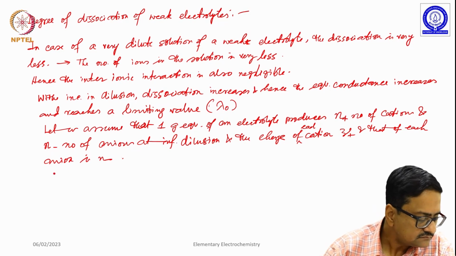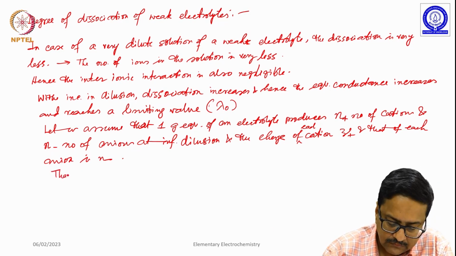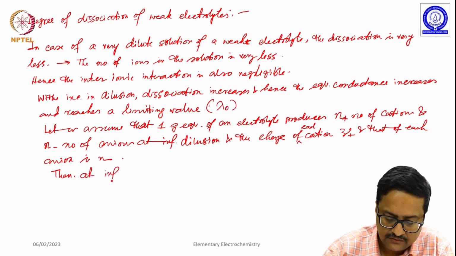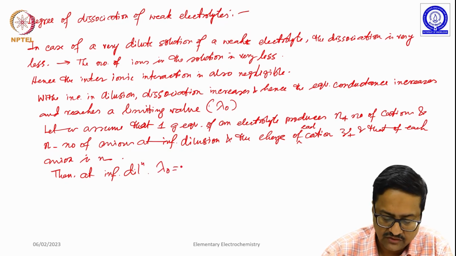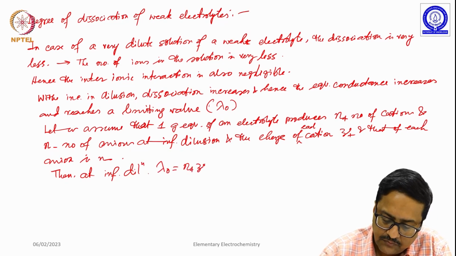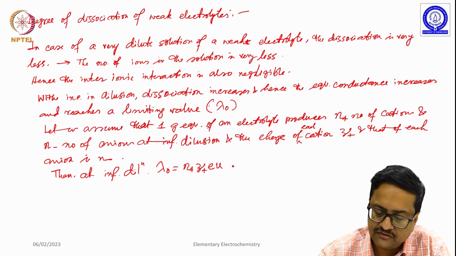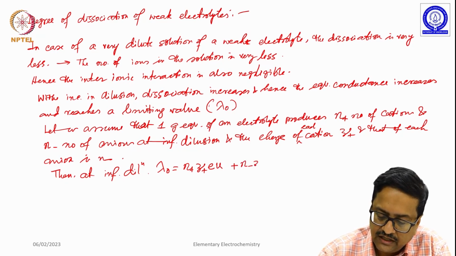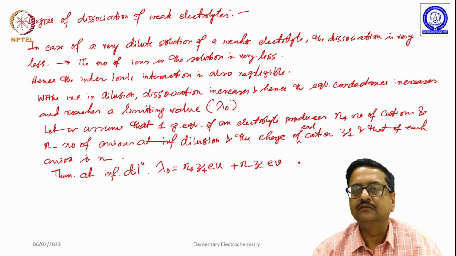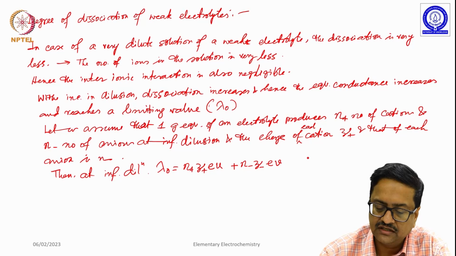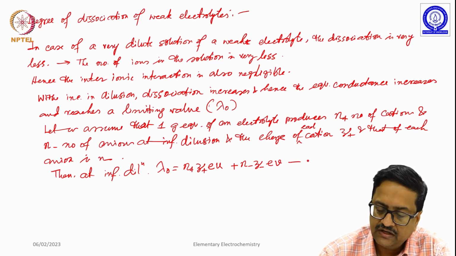So at infinite dilution, lambda 0 is nothing but n plus z plus e u, where u is the speed of the cation, plus n minus z minus e v, where v is the velocity of the anion. We write this equation as number 1.